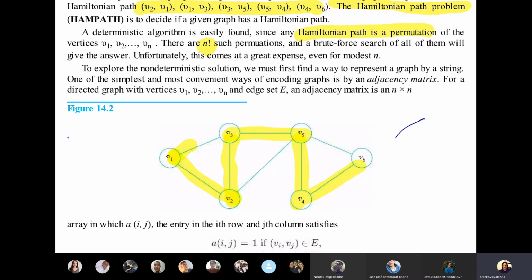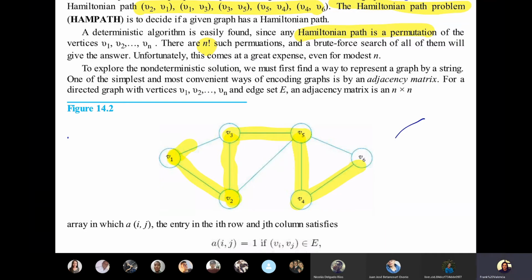I just guess that at random, and then I just need to check if that is a valid path. That's checking if there is an edge between the nodes I just guessed, and if there is some missing edge, I don't say anything. But if there is no missing edge, I say yes, this has a Hamiltonian path.